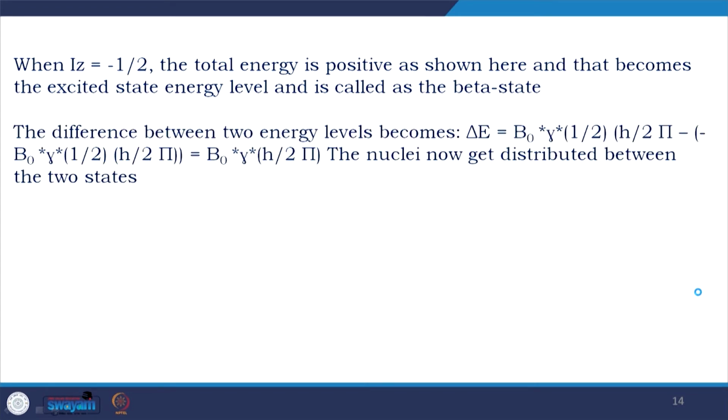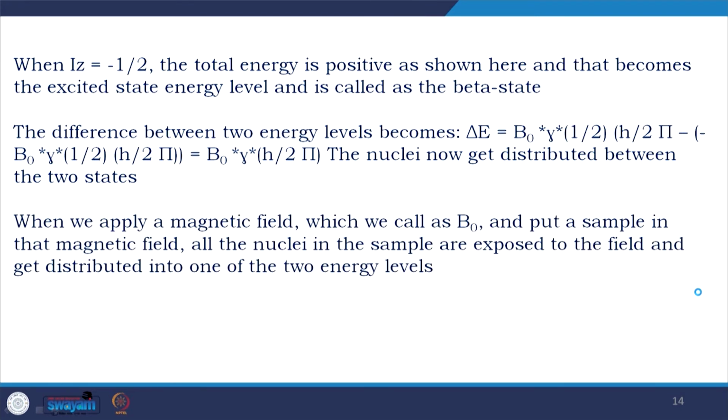The difference between the two energy levels becomes delta E equals B0 gamma half h by 2 pi minus minus B0 gamma half h by 2 pi, which equals B0 gamma h by 2 pi. The nuclei now get distributed between two states, as I told, the alpha state and the beta state.